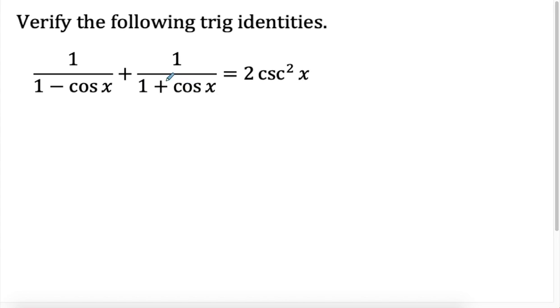All right, so in this one, if I'm adding these fractions together, I need to get common denominators. So I would need to multiply this fraction by 1 plus cosine over 1 plus cosine.